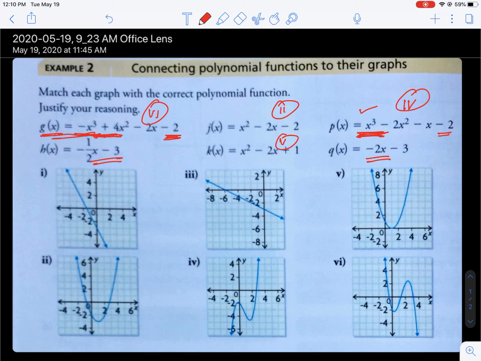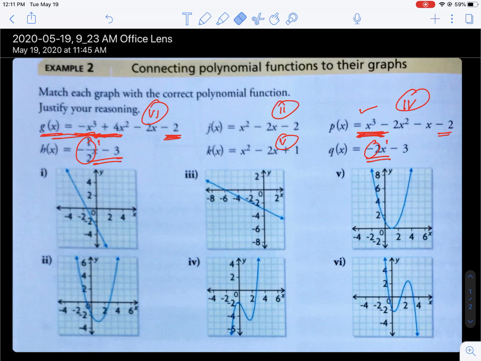Because if you don't see the power, that means it's just 1, but we don't show it. Now I can see the leading coefficient, it is -2, and this one is -1/2. That means both are decreasing functions. That means the graphs will originate in quadrant 2 and move towards quadrant 4.